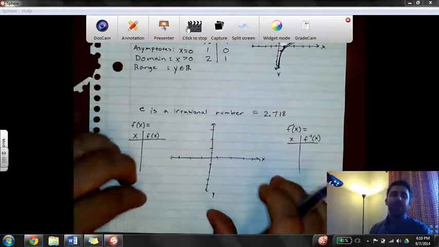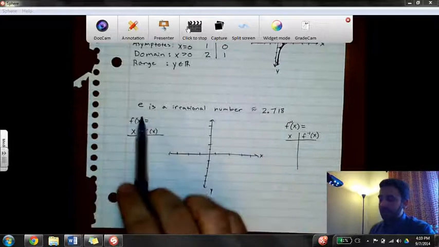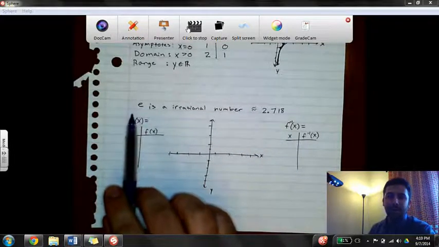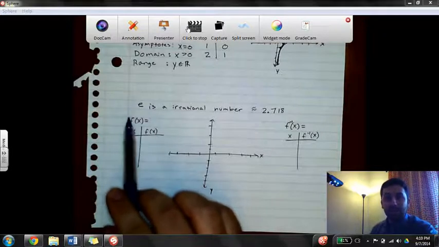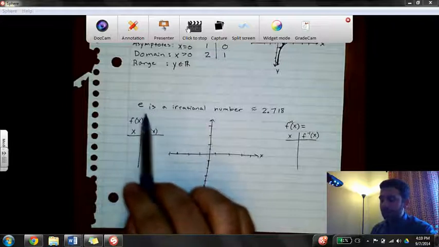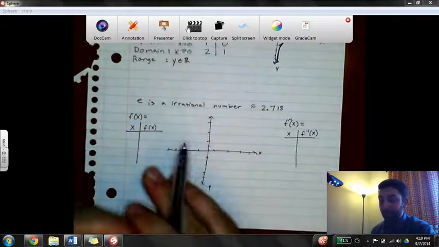The reason I'm introducing this is we use e in a lot of our exponential functions and when we're modeling exponential functions. And when you move on into calculus, e is used primarily in calculus, but we use it for those exponential functions.